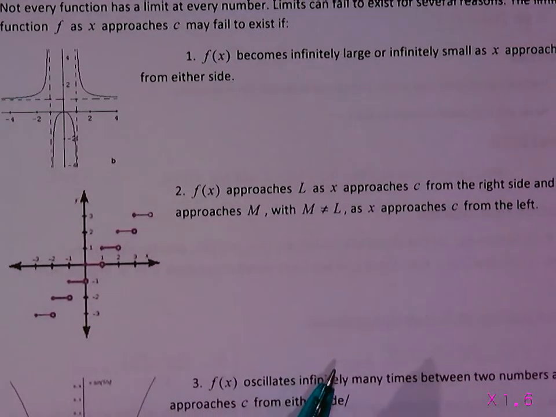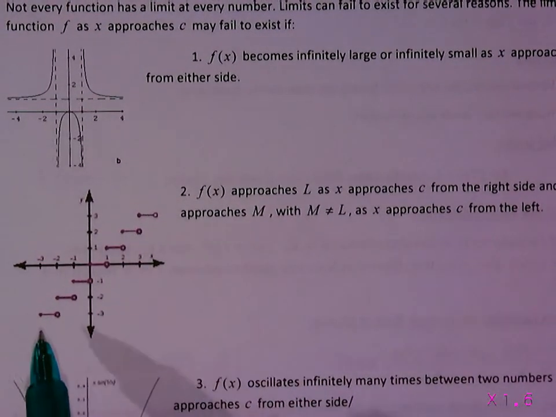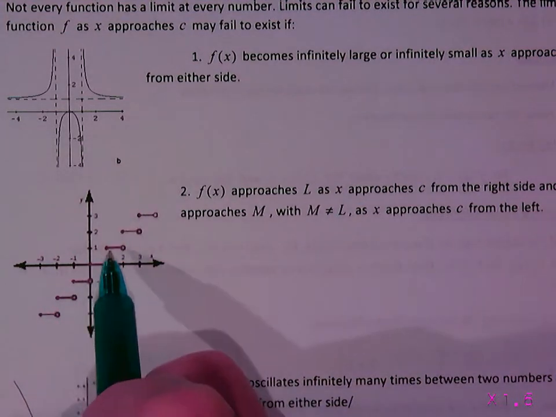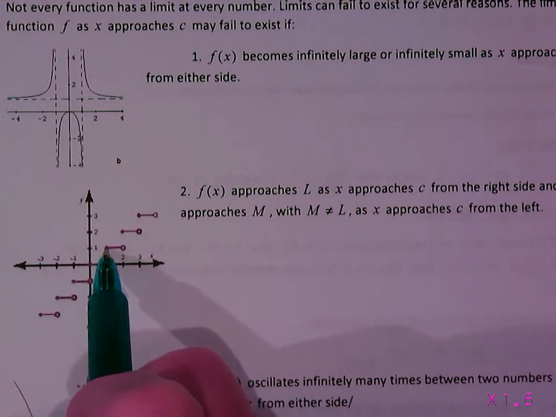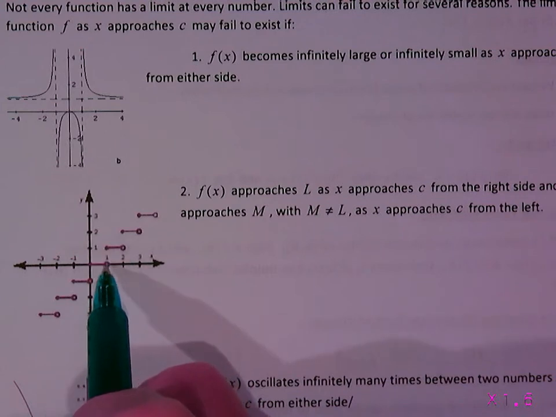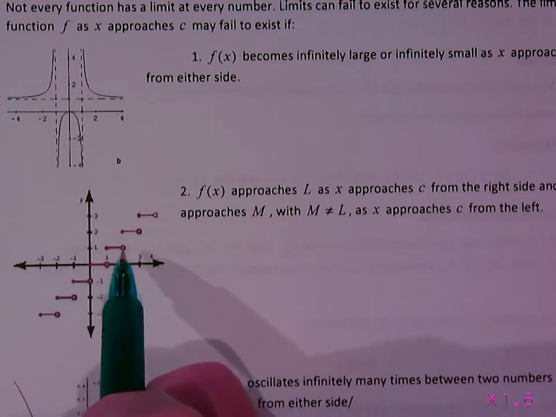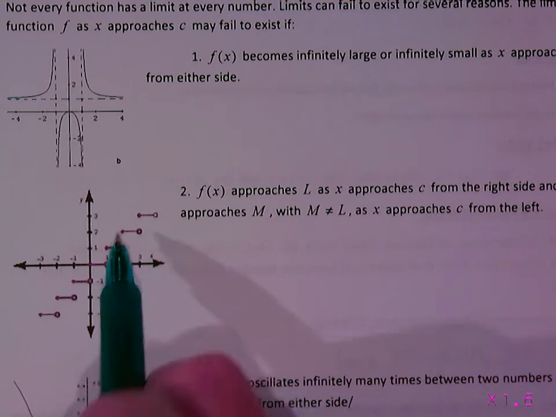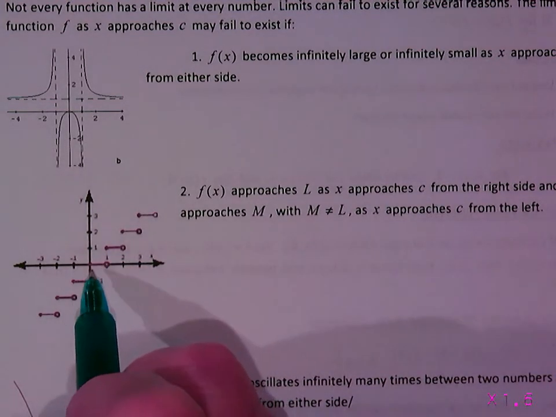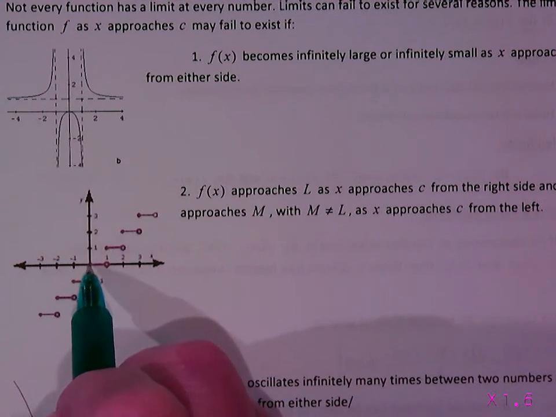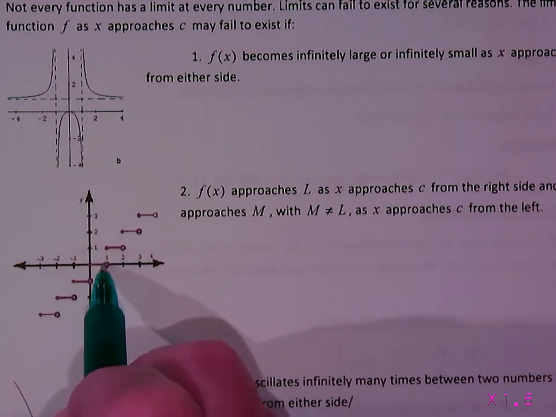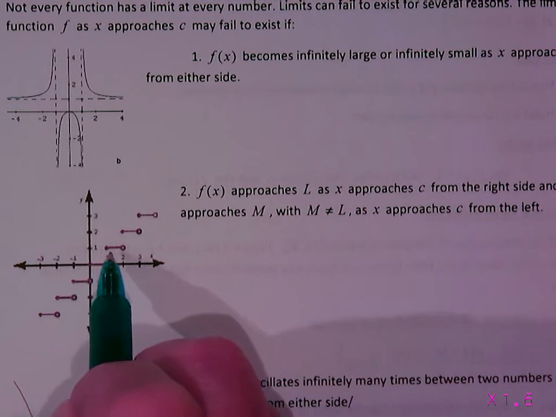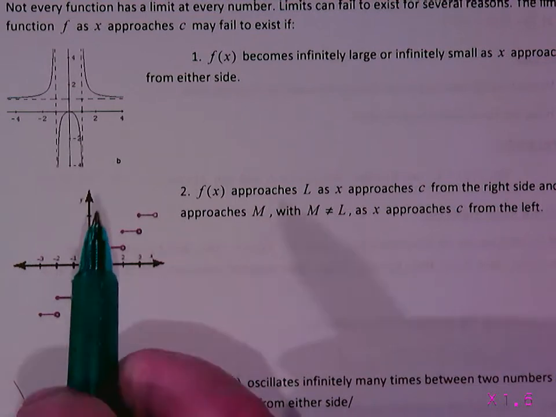Another time when a limit fails to exist is a situation like this. This is a greatest integer function, so there are these steps along the way. Each integer has a value, and each x between two integers has a value, but when you get to the next integer, the value jumps up to the next integer. So the limit does not exist at all these integers because something different from the left and something different from the right is happening.